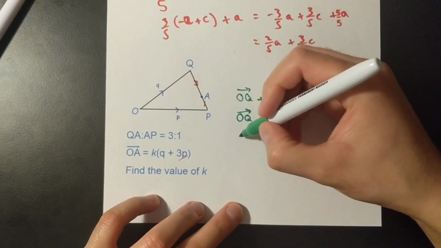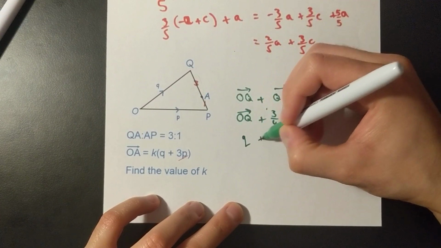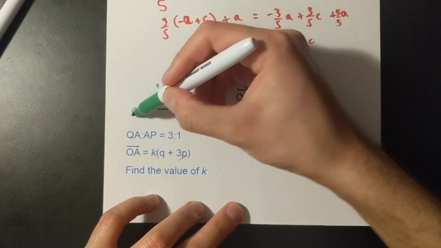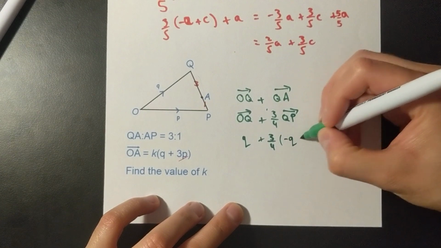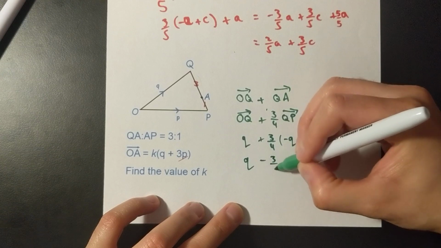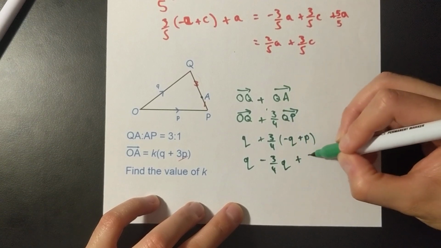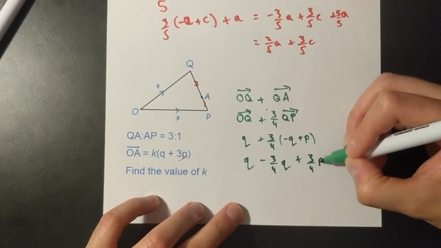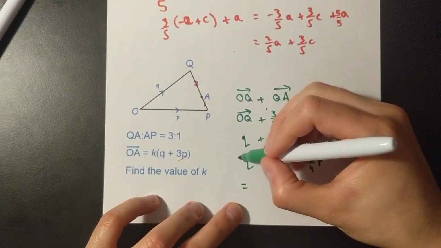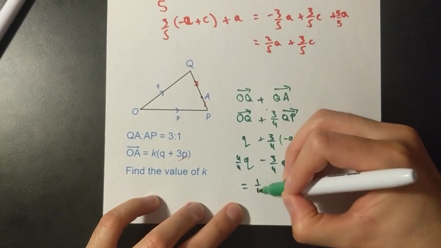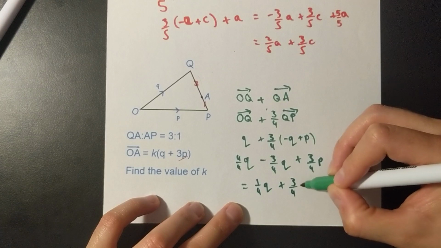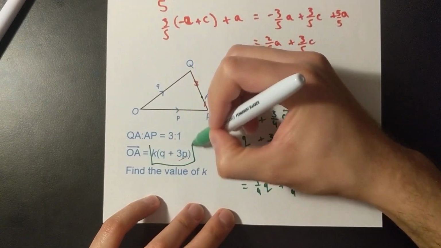So here, O to Q is Q plus 3/4 times by the vector Q to P. So Q to P is negative Q plus P. So that is Q, take away 3/4 of Q plus 3/4 of P. So Q, take away 3/4 of Q is going to be 1/4 of Q plus 3/4 of P. Now we're told that we want that to look like this.